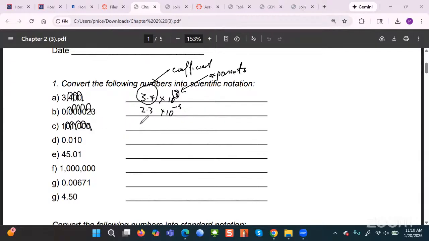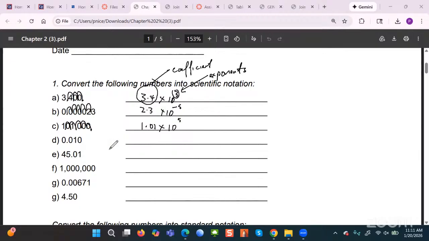So the coefficient is going to be 1.01 and you multiply by 10 to the what? How many places did we move this decimal point? 5. Exactly, so 1.01 times 10 to the 5. Any questions?